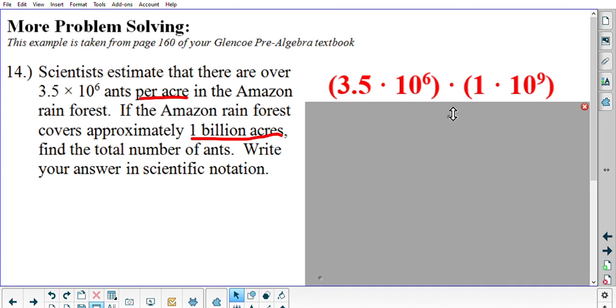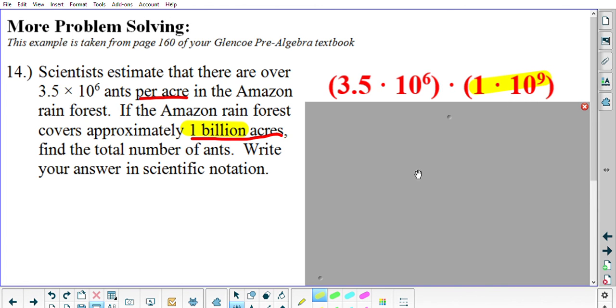So set this up as a multiplication problem. Now, it's up to you. I'm actually kind of going against what I said on the first page. I'm actually doing method 1, where I take the 1 billion and write it in scientific notation. 1 billion would be a 1 followed by 9 zeros, so that is 1 times 10 to the 9th.